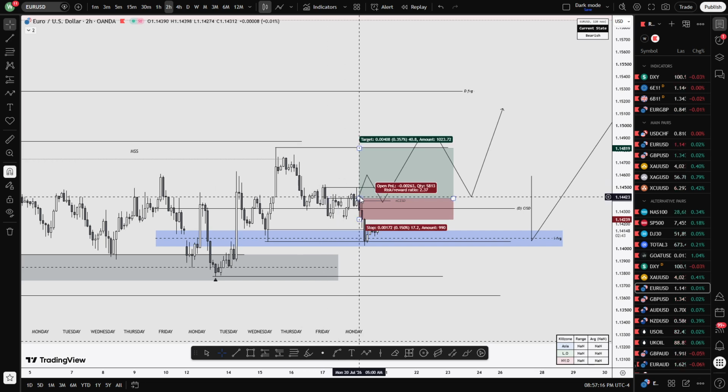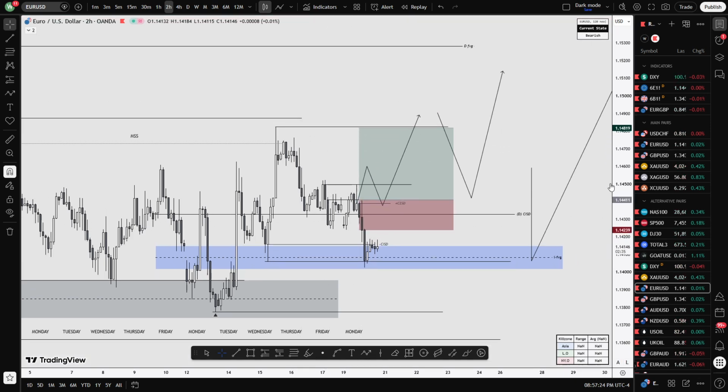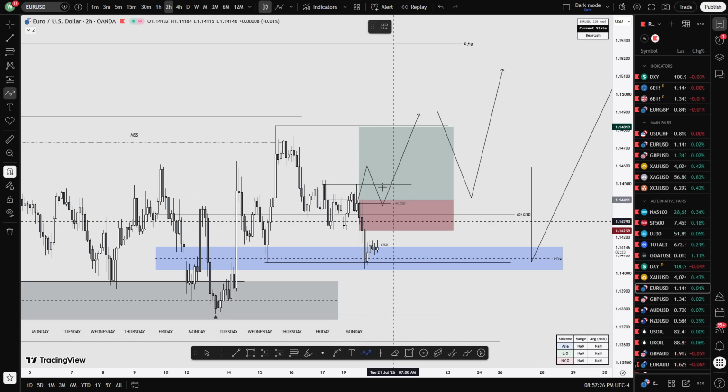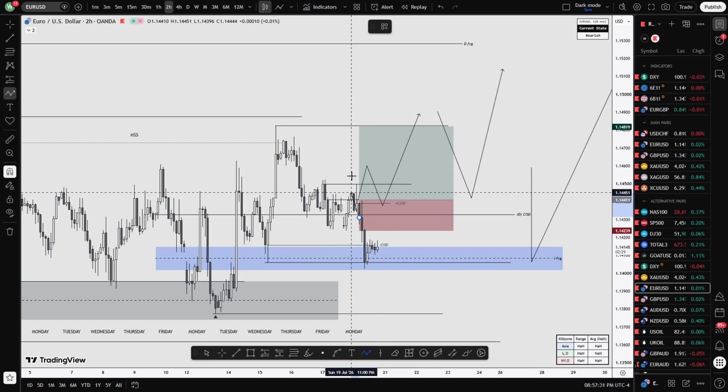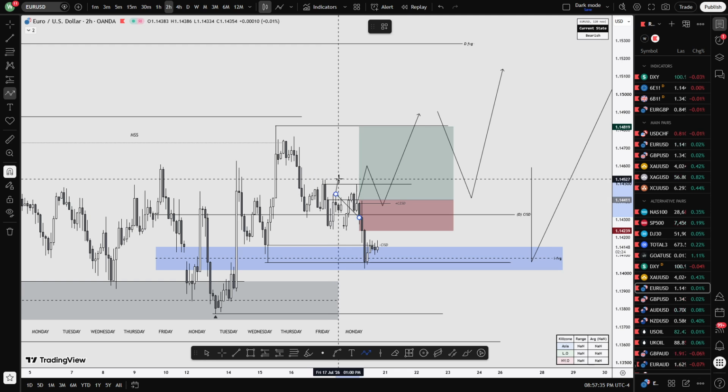That's why, I keep saying it, you need to see a body close. Because price could trade up to this point, and you see price here already and say, oh, we're already trading above this high, so I can look to get in.